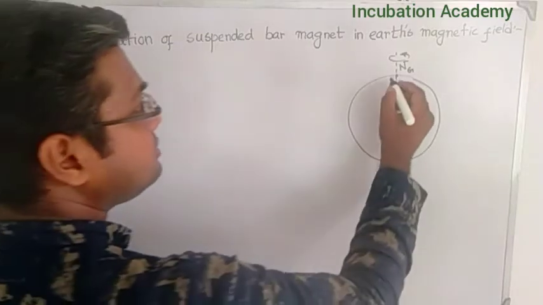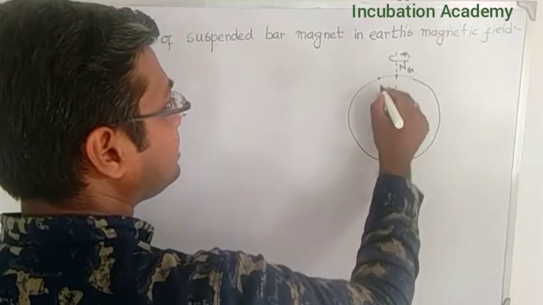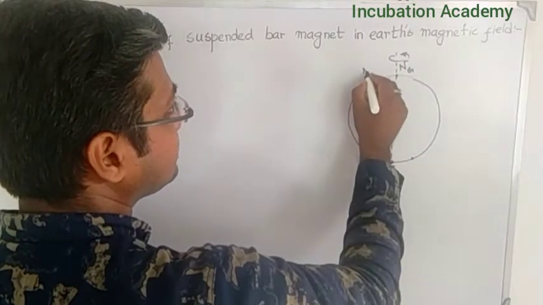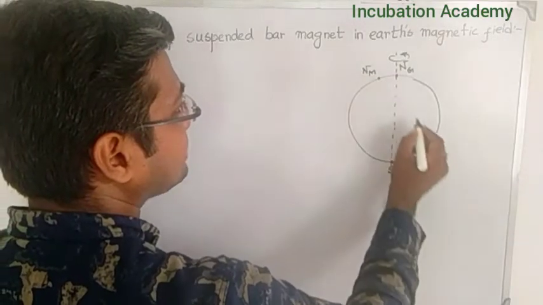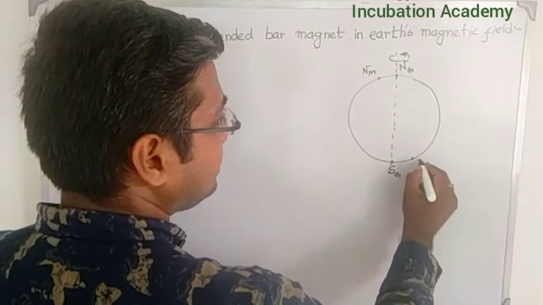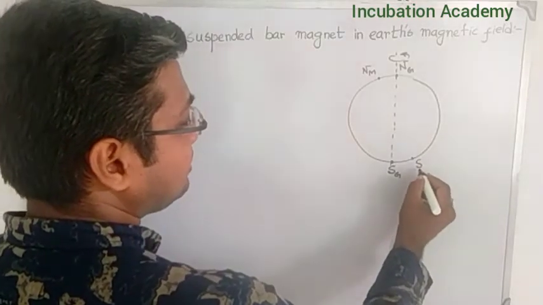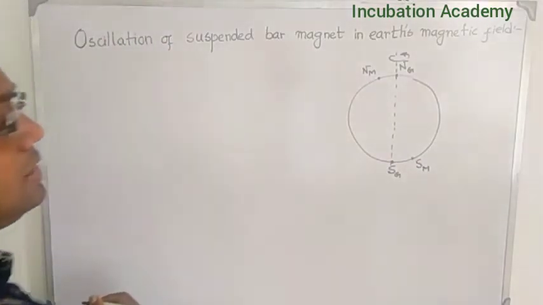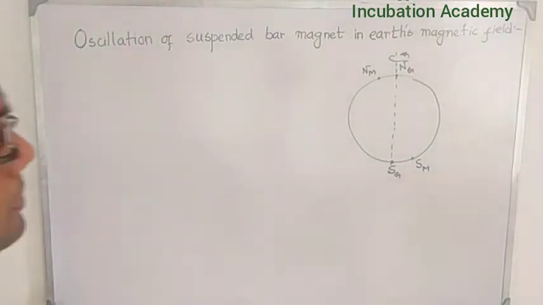But it is found that the magnetic north and the magnetic south are not at the same position as the geographical north and the geographical south.